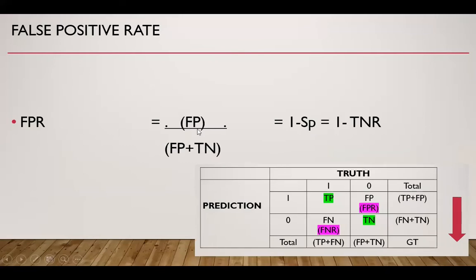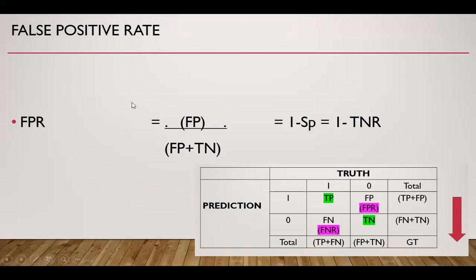False positive rate is false positive divided by false positive plus true negative. That is false positive divided by summation of this and this. So this is the vertical summation. And this is also equal to 1 minus specificity. I'll talk about specificity a little later, or 1 minus true negative rate.